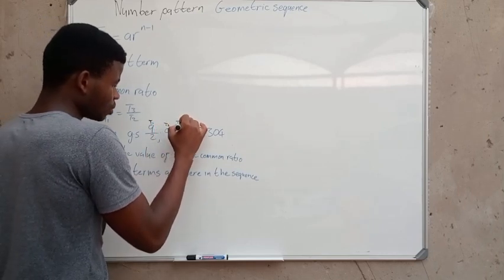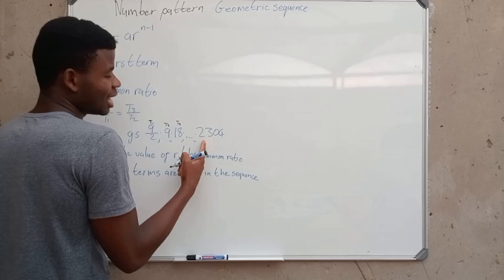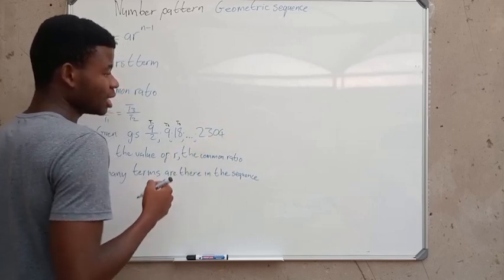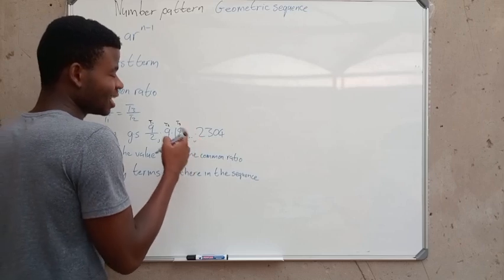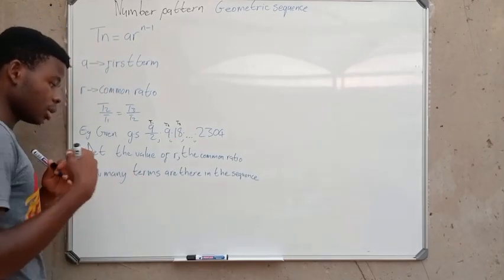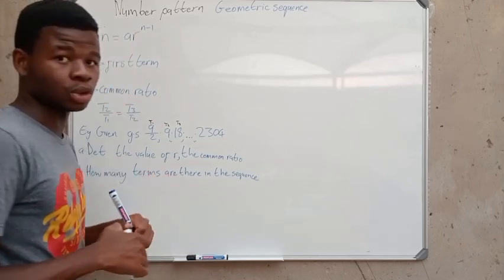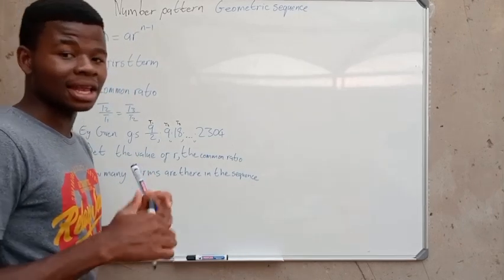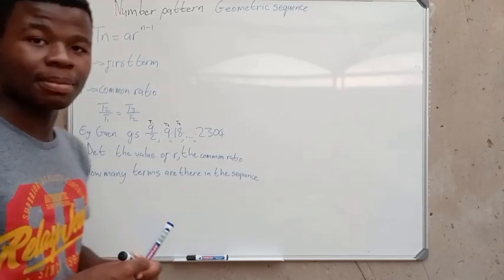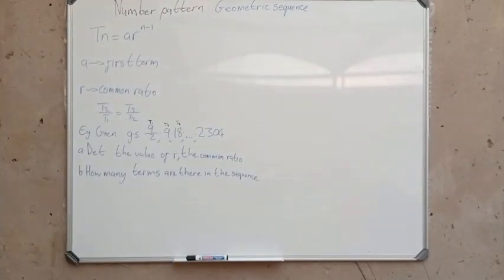Term number 3 is 18. And then I don't know which term this 2304 belongs to. We are going to find it out if you stick with us. Let me just get my calculator before we go any further.